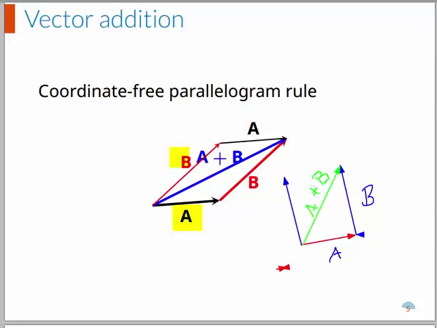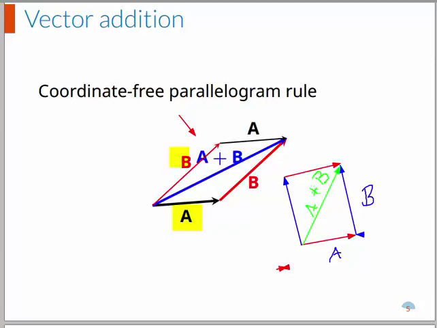I'm going to move A, so A would get stuck up here, and you can see it ends up being a parallelogram. But you end up with the same A plus B.